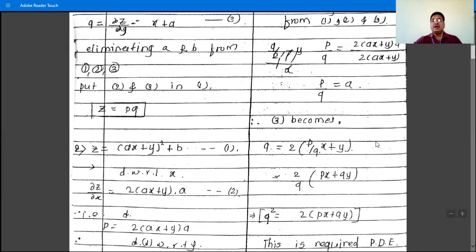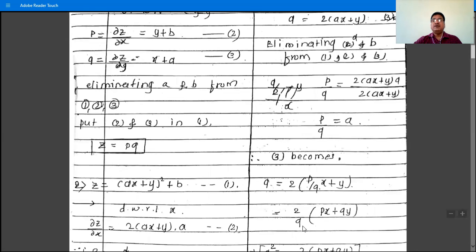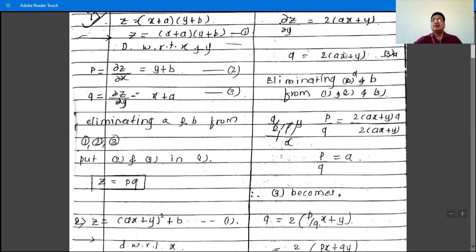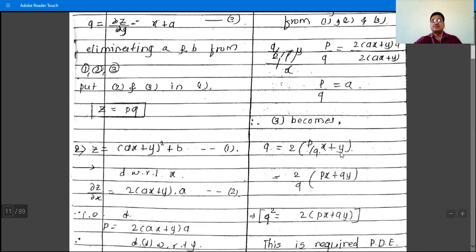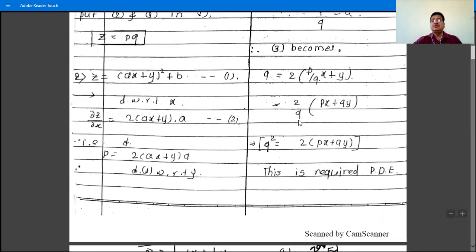Substitute a as p by q in equation number 3. So q is equal to 2 times (p by q) x plus y, that is, q is equal to 2 by q into (px plus qy), and shifting the q to the left-hand side, q squared is equal to 2(px plus qy). This is the required partial differential equation.